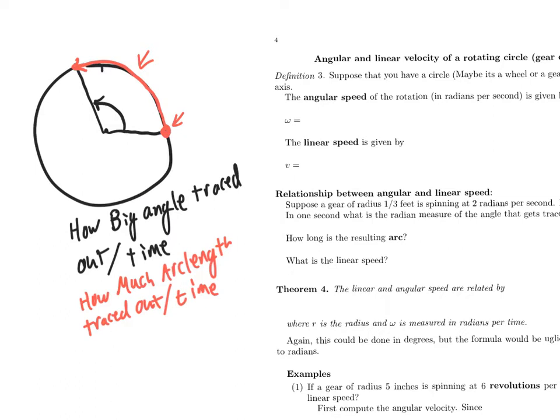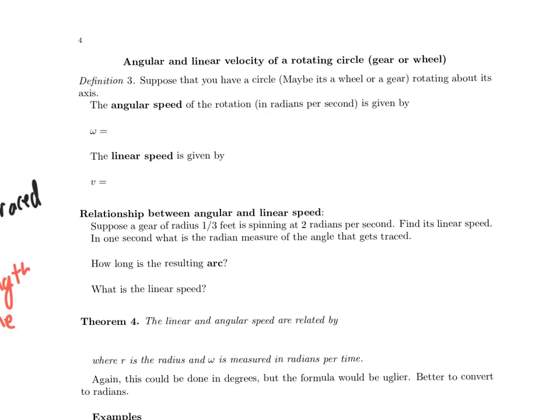So let's just write both of those down. The angular speed of rotation, measured in radians per second or any other unit per second. It could also be measured in degrees per second, or in fact, revolutions. Pick your favorite way of measuring the angle.